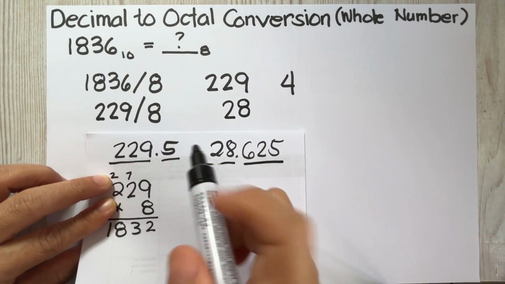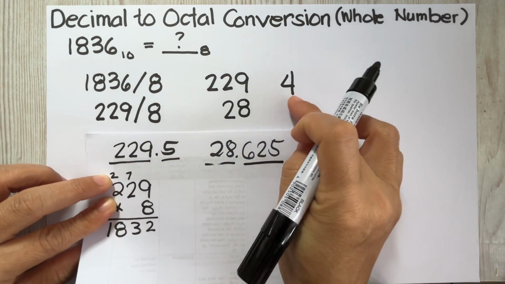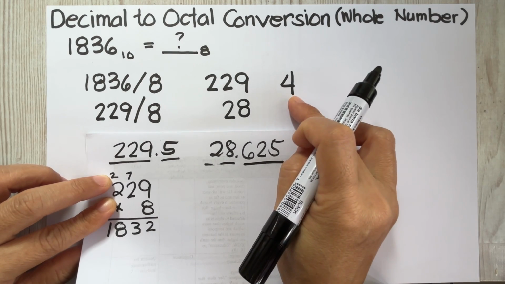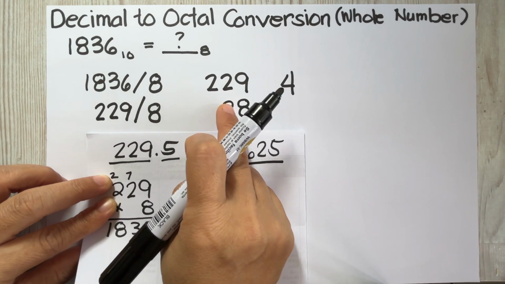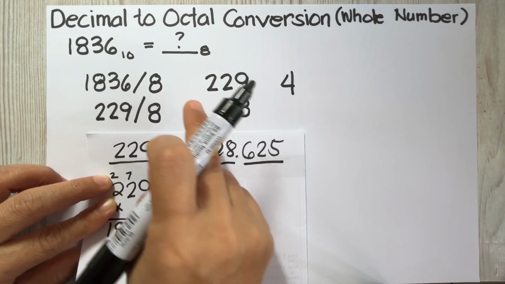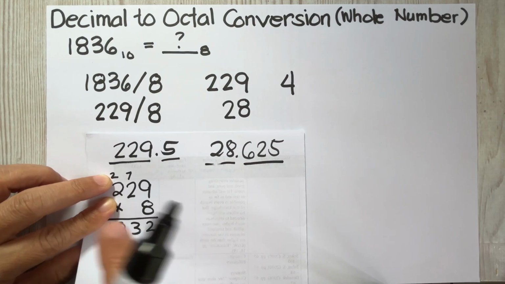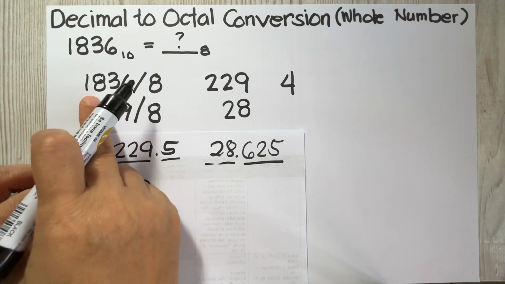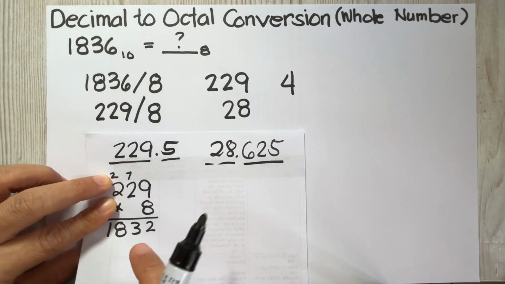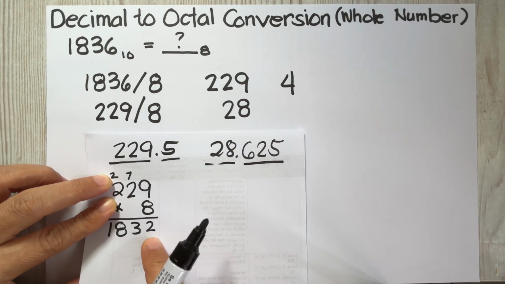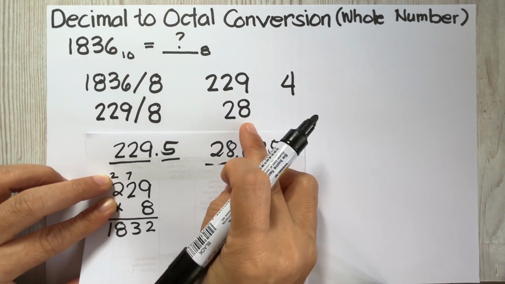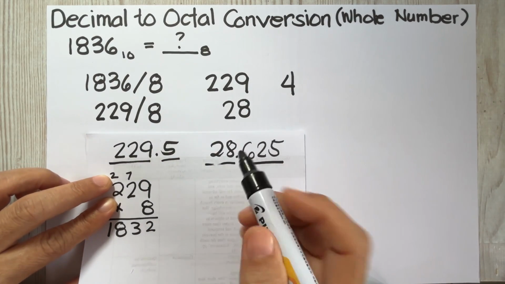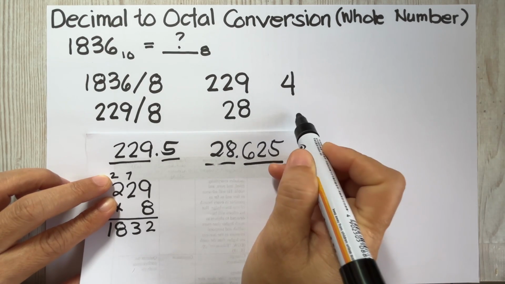The previous way to get the whole number is to multiply 229 by 8, then the product is deducted from 1,836. The product was 1,832, so 1,836 minus 1,832 gave us 4. But this time we'll do a different way to get the remainder.